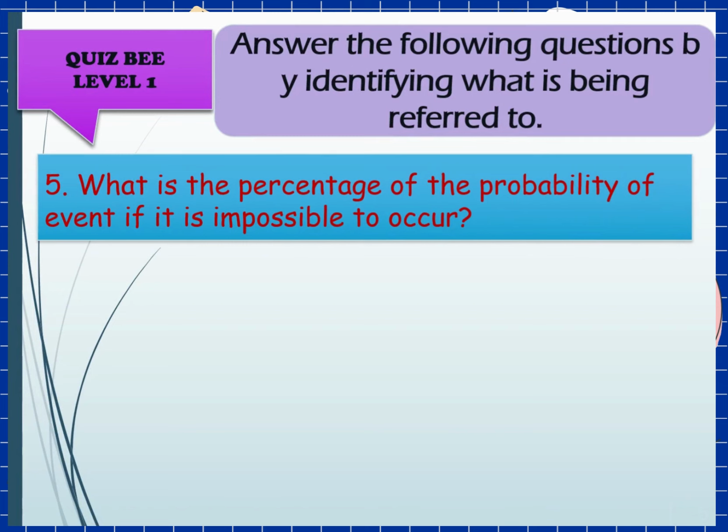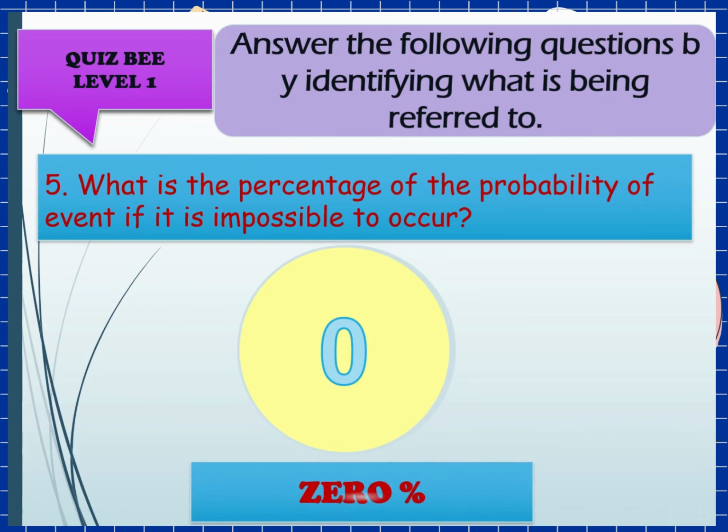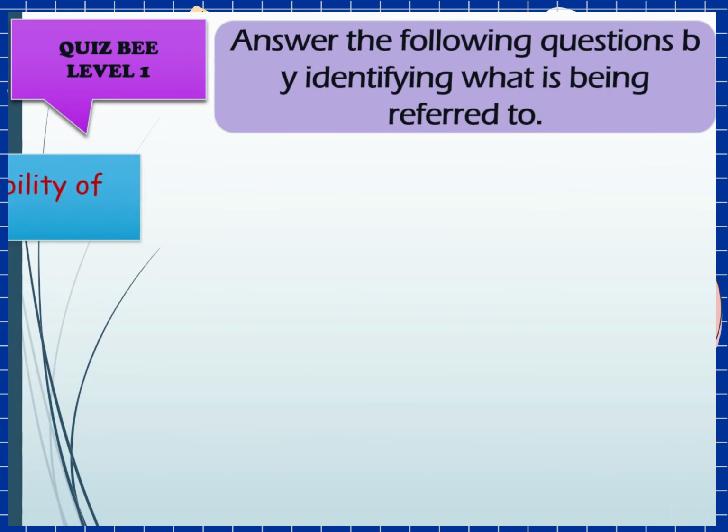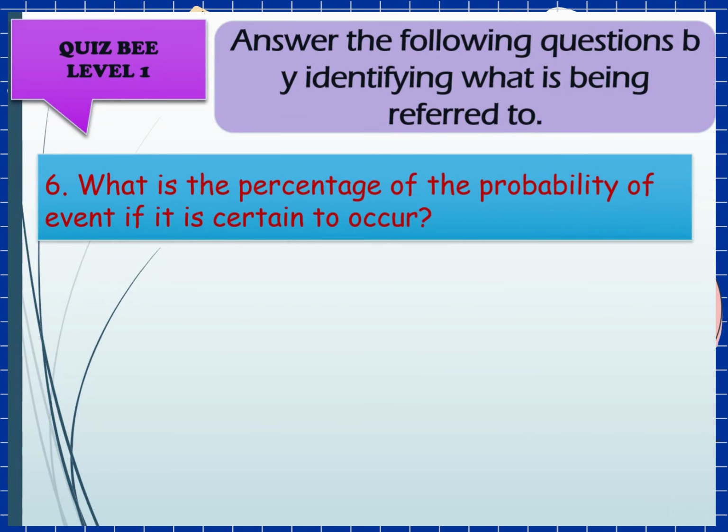5. What is the percentage of the probability of event if it is impossible to occur? The correct answer is 0%. Number 6.